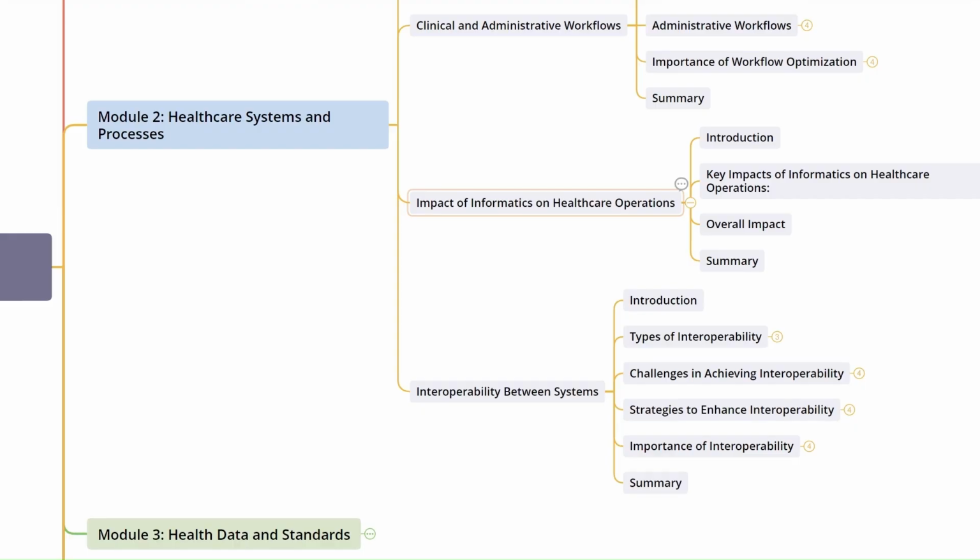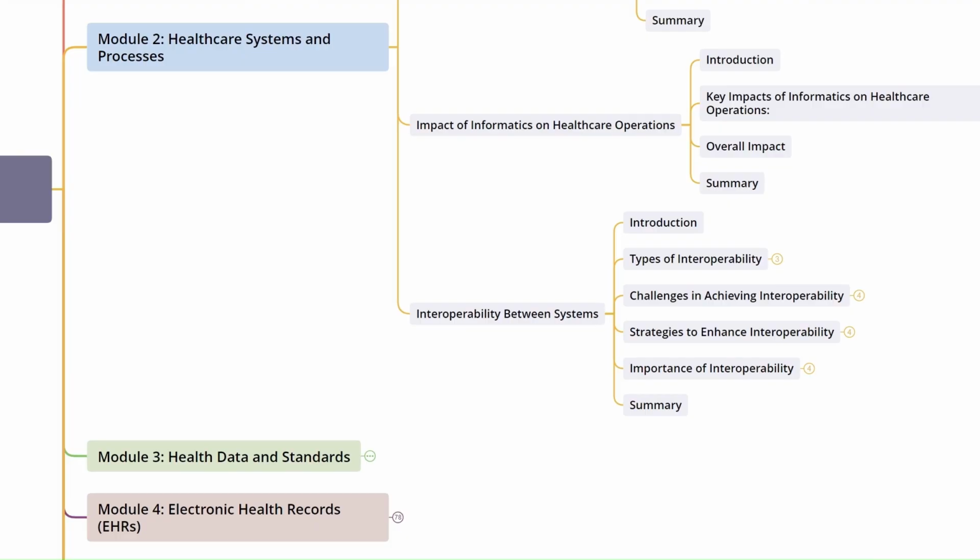Real world case studies will illustrate how informatics has led to operational improvements, touching upon successes in reducing patient waiting times, improving resource management, and enhancing patient satisfaction.